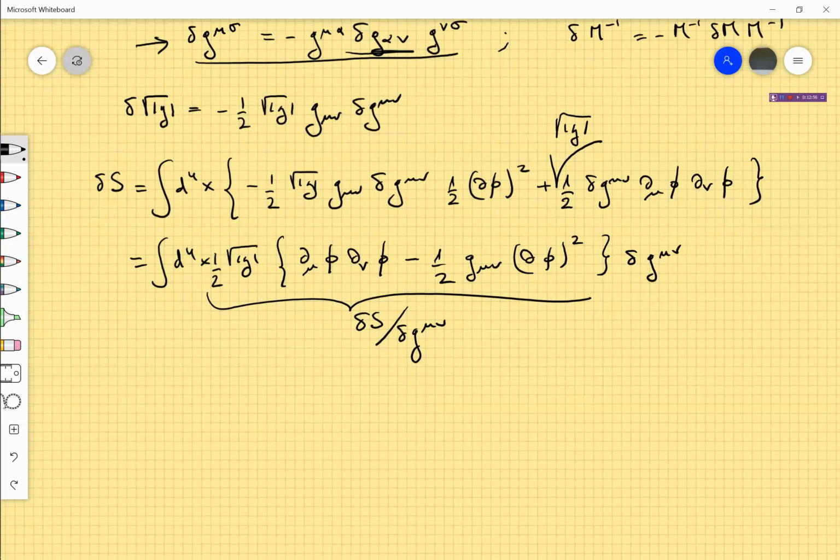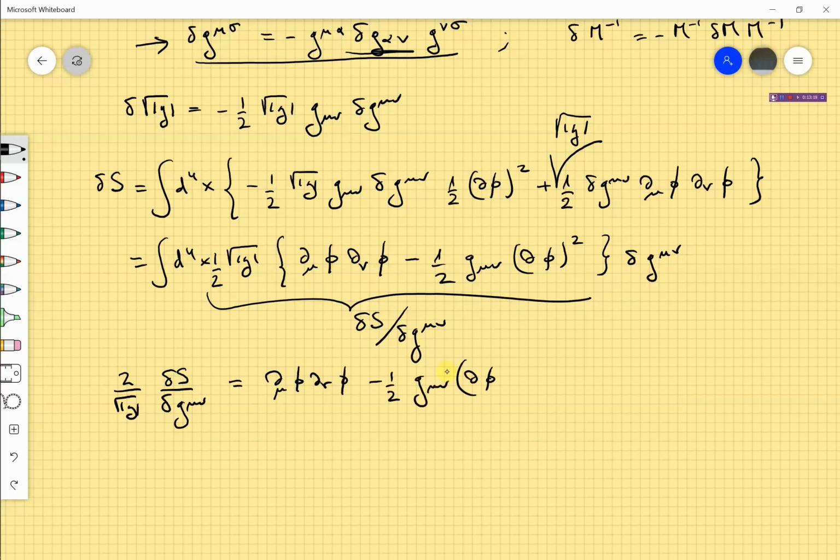Okay, so let me write this in another language. If I multiply the result by 2 and divide by the square root of g, then I have delta S over delta g mu nu. This is partial mu phi partial nu phi minus a half g mu nu (partial phi) squared.